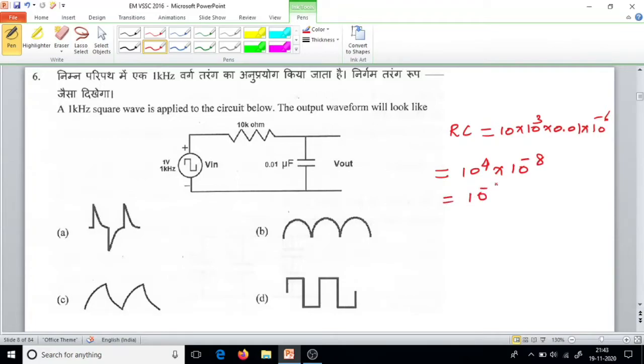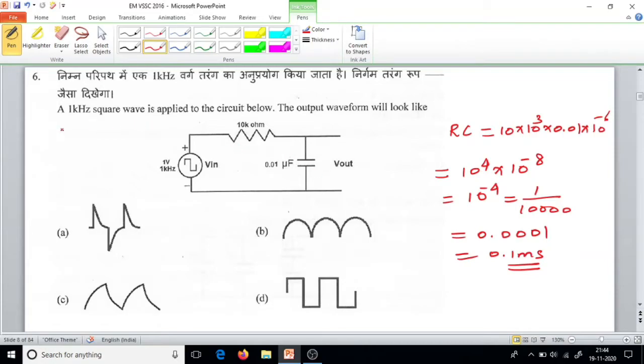So we will get 10 to the power minus 4, which can be written as 1 divided by 10,000, which is 0.0001, which can be written as 0.1 millisecond. So the RC time constant of the circuit is 0.1 millisecond.